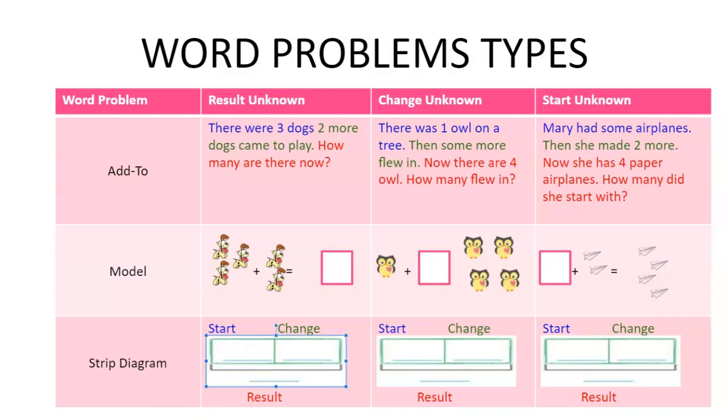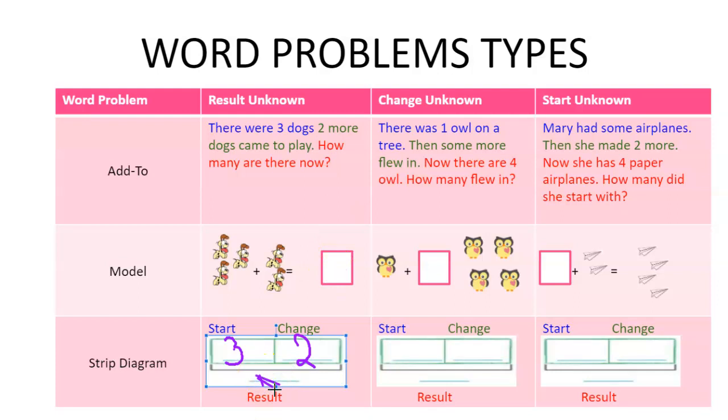So in the start, we started with 3 dogs, and then there was a change. That's 2 dogs came, and we're missing the result. That's what we don't know. We don't know the result.